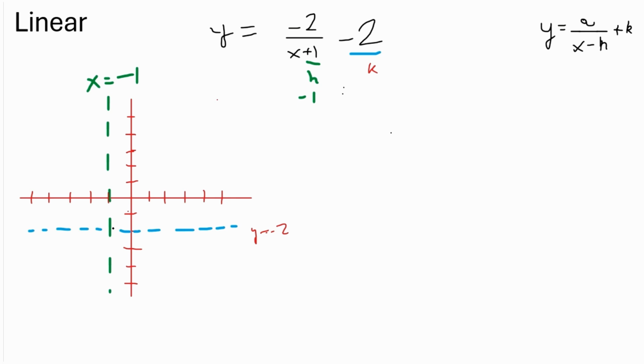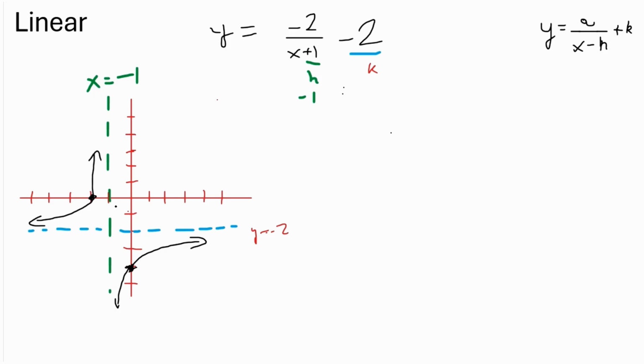And now, remember, always one right from the vertical asymptote. And now it's a -2, so we go down 2. The a value is -2, so we go down 2. And on the left side, it's the opposite, so we now go up 2 on the left side. Okay, curve towards the asymptotes, and that's it.